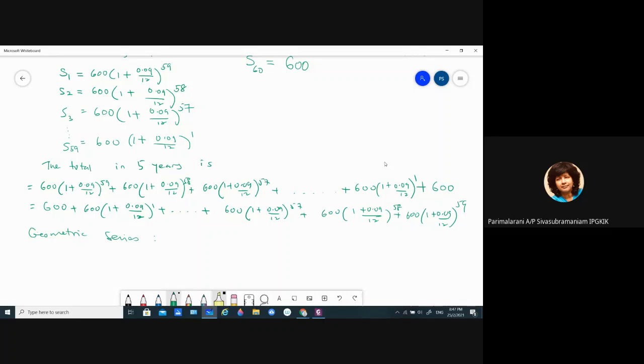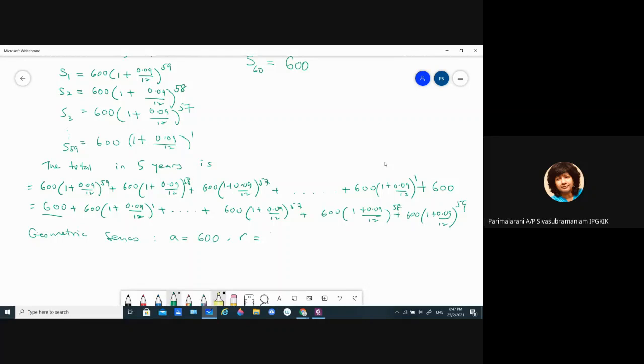And what is your A here? A is the first term. First term is 600, correct? What is your R? R is the second term divided by the first term.